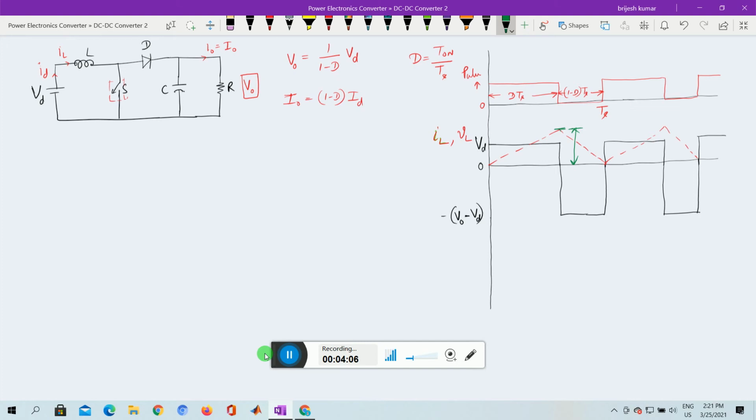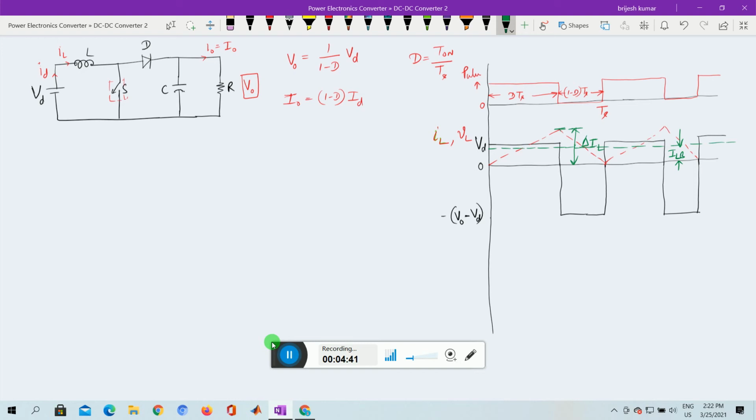This height is the delta IL, the ripple current, and half of this line can be written as the average value of the inductor current.